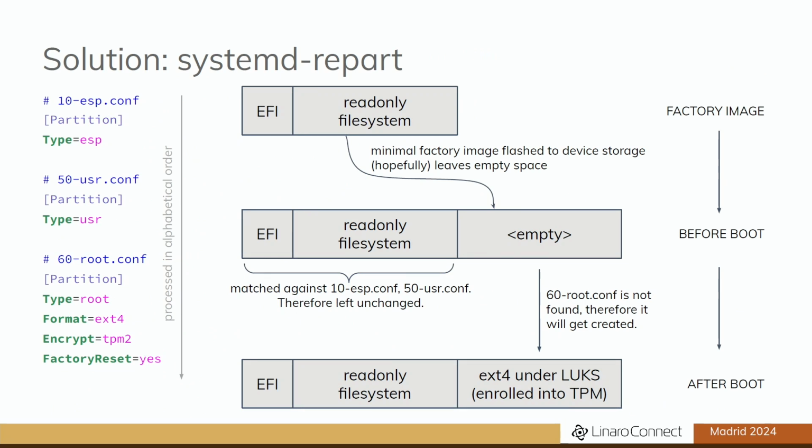Luckily, there is a solution to that. A somewhat recent systemd release, though it's been in there for a while, brought systemd-repart. What systemd-repart can do, as the name says, is re-partition our disk, basically at runtime. It boots up, checks whether our partitions are there, and just creates the ones that are missing. We have a fairly simple configuration format here.